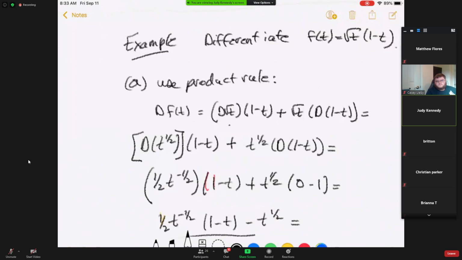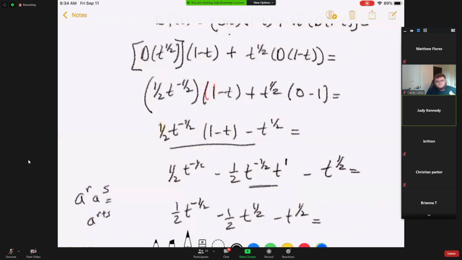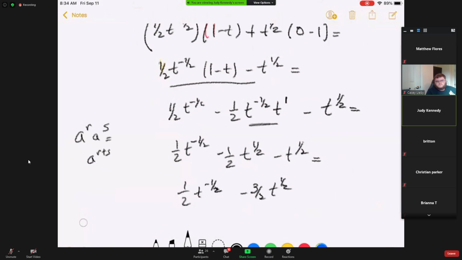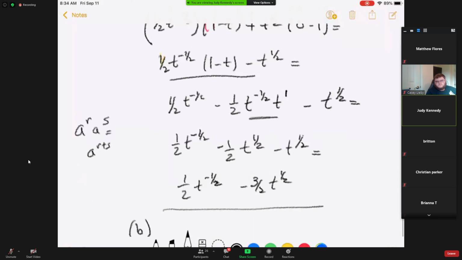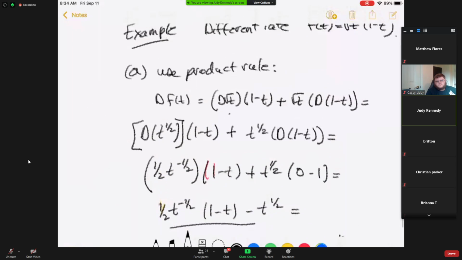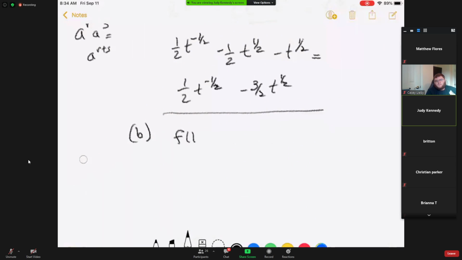Okay, well, what if we multiplied out first and then took the derivative, and then we wouldn't have to use the quotient rule? We should get the same answer, because there's only one derivative. All right, so let's see. F of t is the square root of t times 1 minus t.